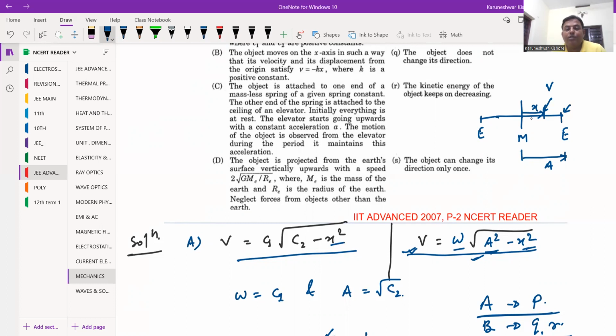Now the elevator starts going upward with constant acceleration A. When acceleration A is given to the elevator, there will be some extension in the spring. And the motion of the object is observed from the elevator itself, during the period it maintains this constant acceleration.